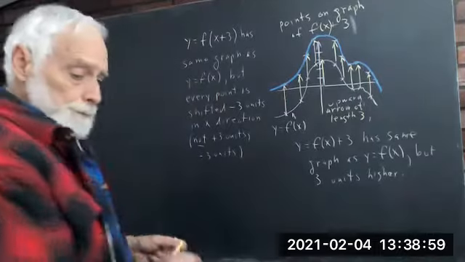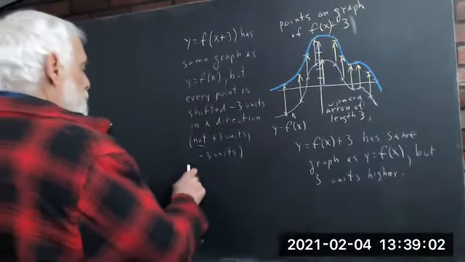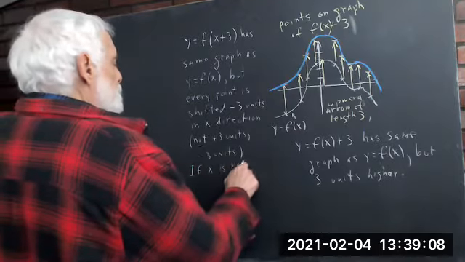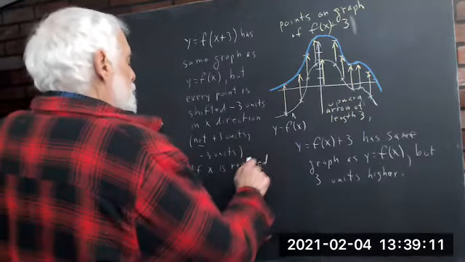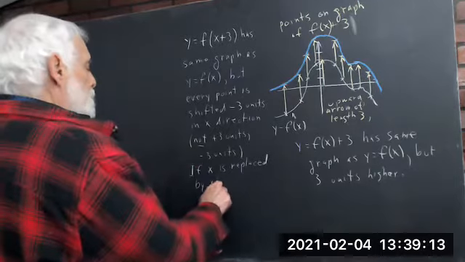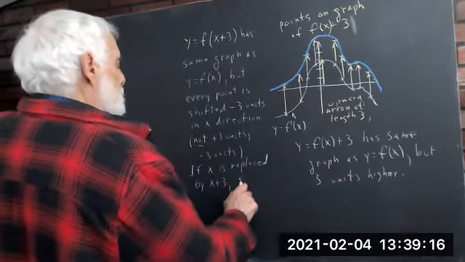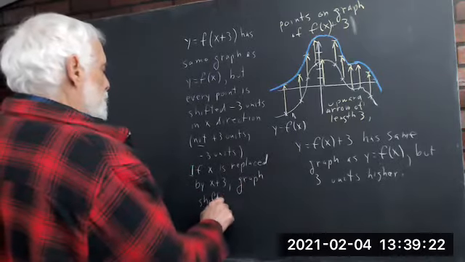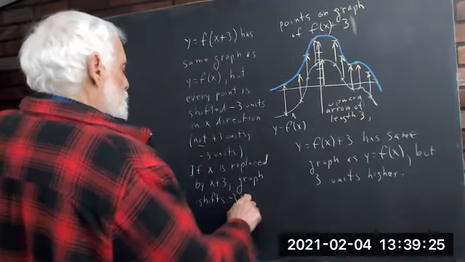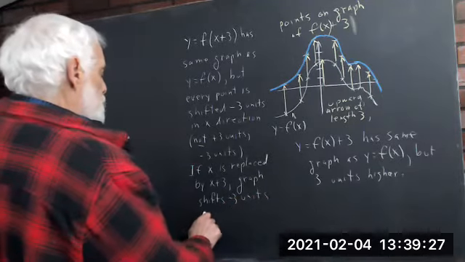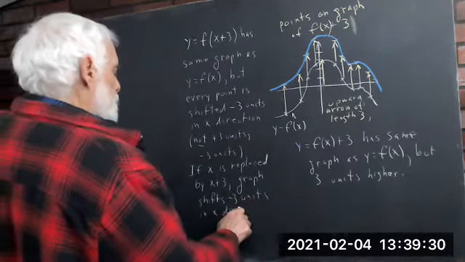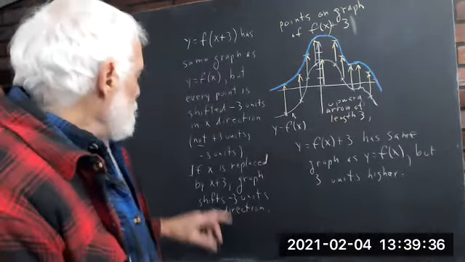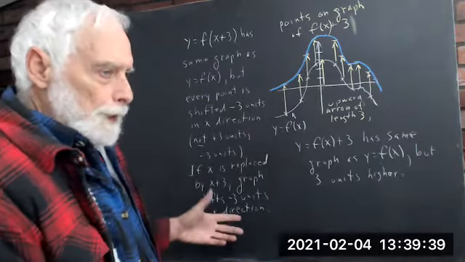If x is replaced by x plus 3, the graph shifts -3 units.